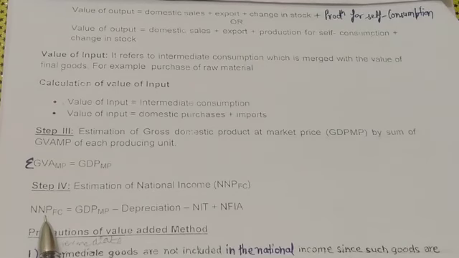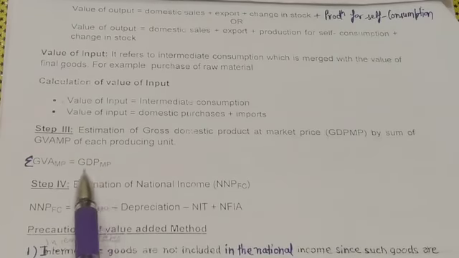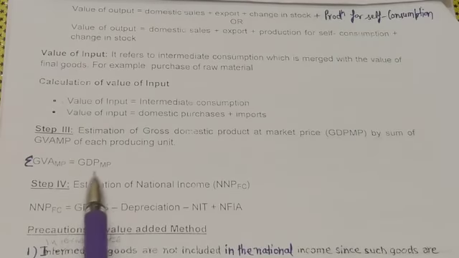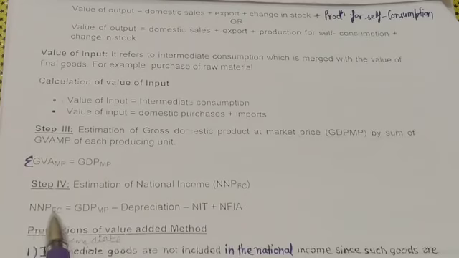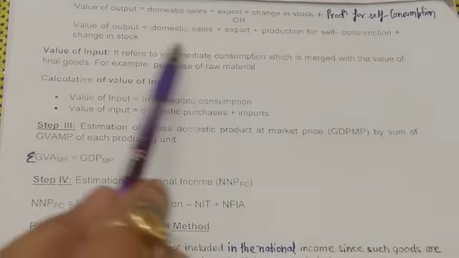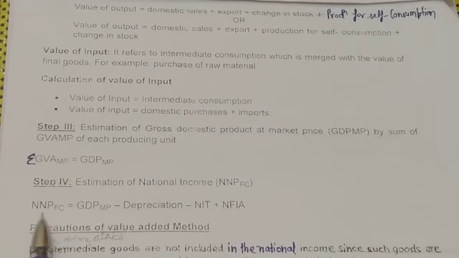Then in step third, we will add GVA at MP of each and every producing unit, and we will get GDP at MP. And now with the help of GDP at MP, we can calculate NNP at FC. So this is the complete process to calculate national income.